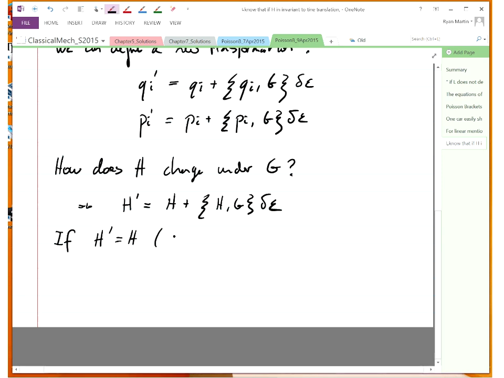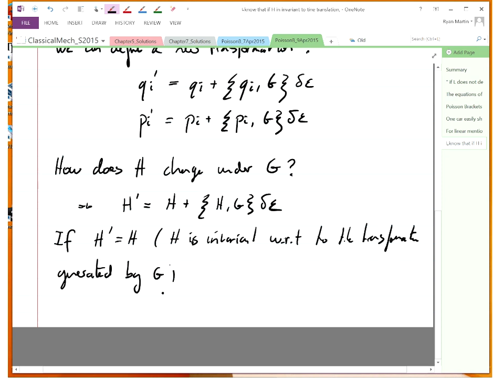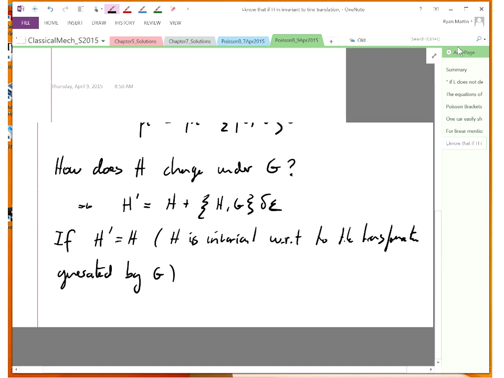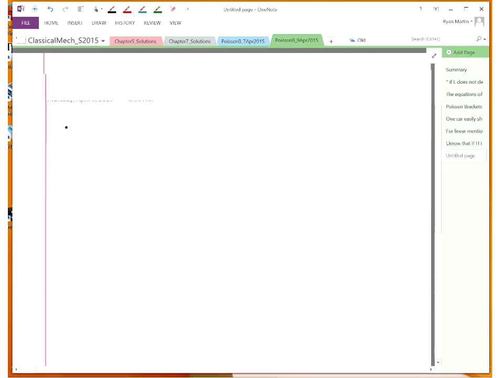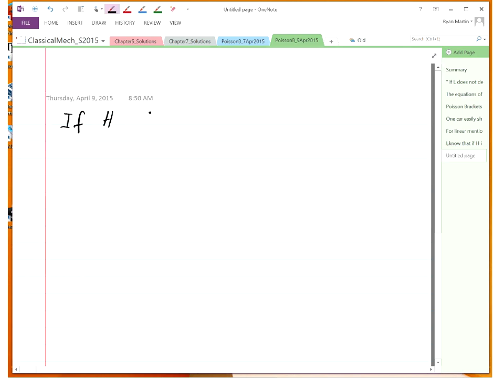So now, if H prime is equal to H, we say that H is invariant with respect to the transformation generated by G. So if H prime is equal to H, then from the equation that we have, the Poisson bracket of H and G must be 0.